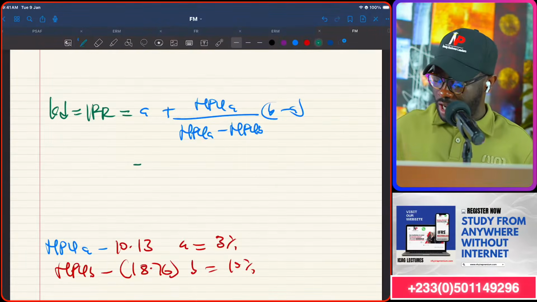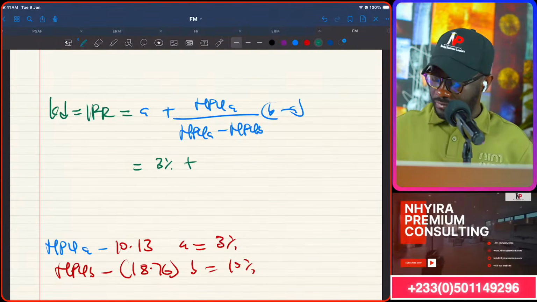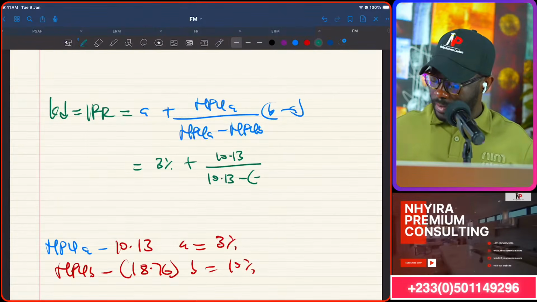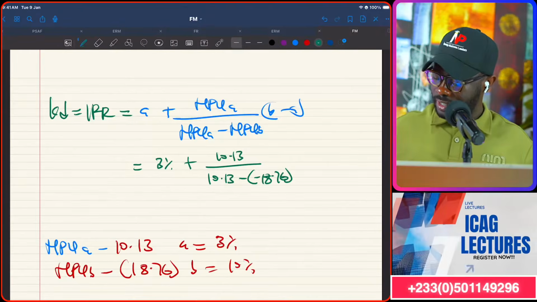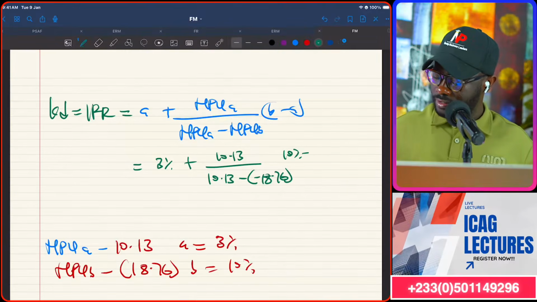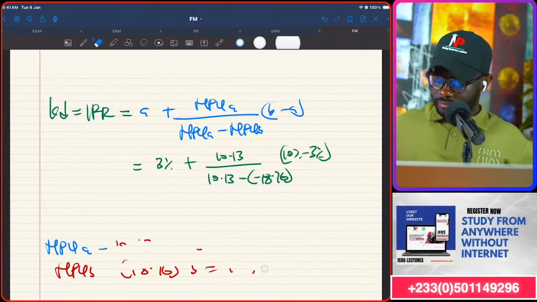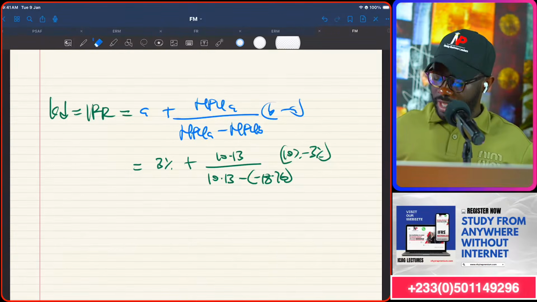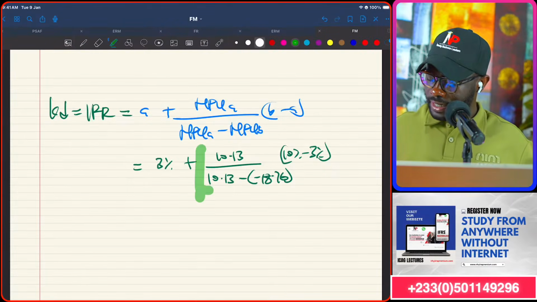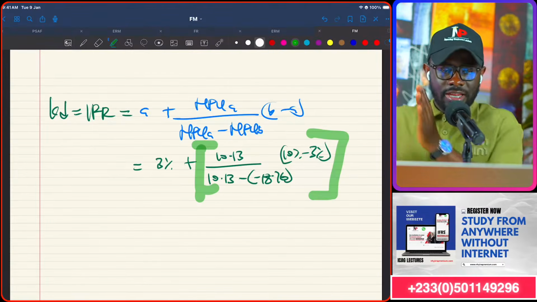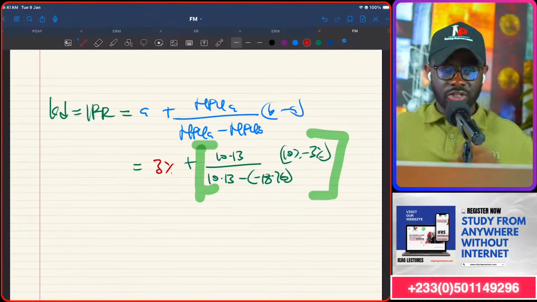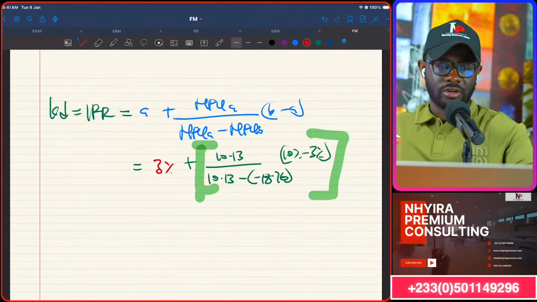A is the smaller rate, 3%, plus NPV-A, 10.13 over 10.13 minus 18.76, then 10% minus 3%. All right? That is our flow. Now, you got to be careful on how you are punching. You work out this part, then you add the result to the 3%. Sounds good?